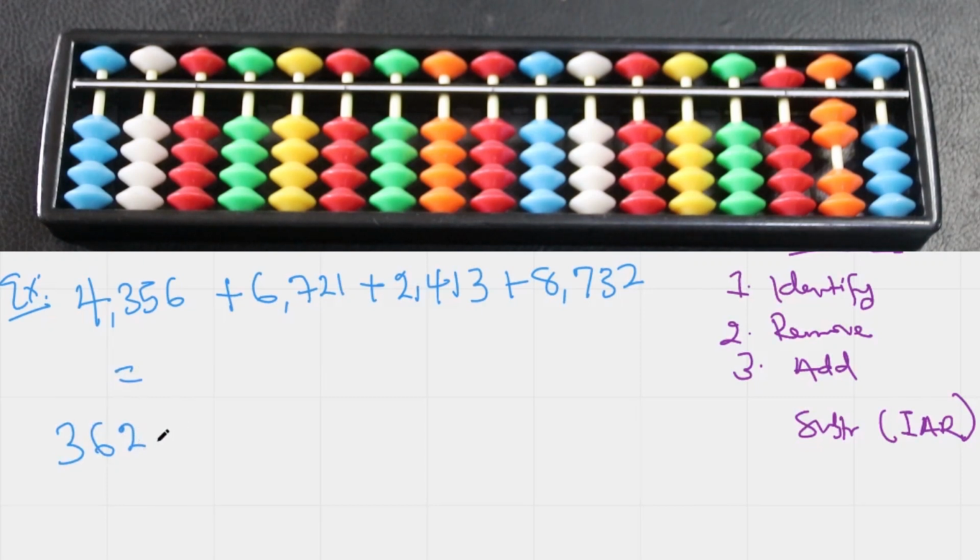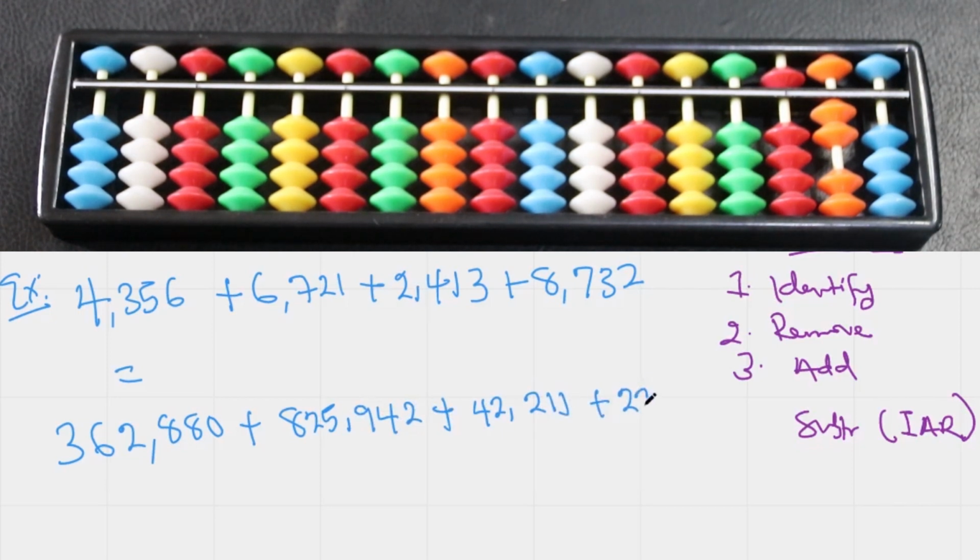This is question number 13. 880 plus 825 plus 942 plus 42211 plus 2295. What is the answer? Okay, so those are the questions that we have.